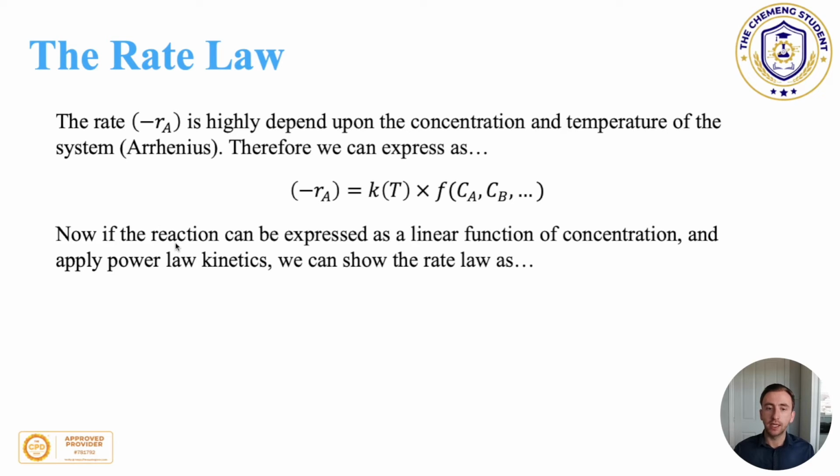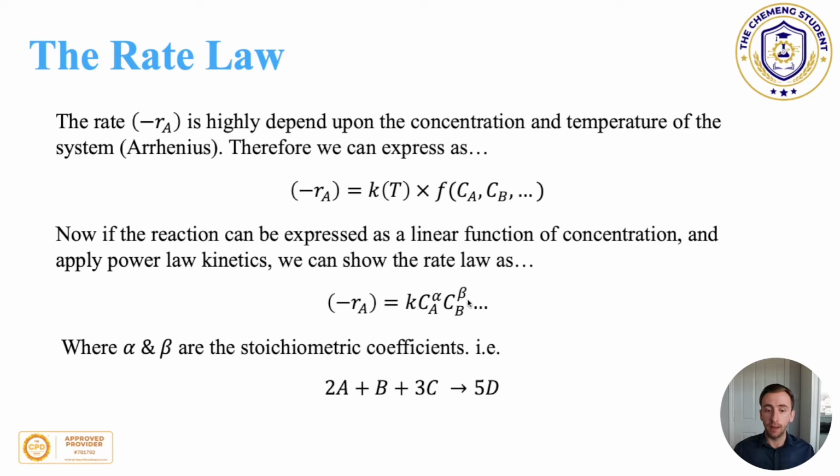Now, if the reaction rate can be expressed as a power function, i.e. what we have above, then power law kinetics can apply, so we can express -rA in the following way, whereby alpha and beta are the stoichiometric coefficients. In this case, the value of alpha would be 2 and the value of beta would be 1.